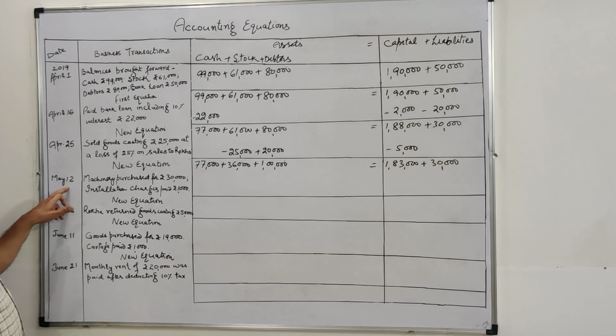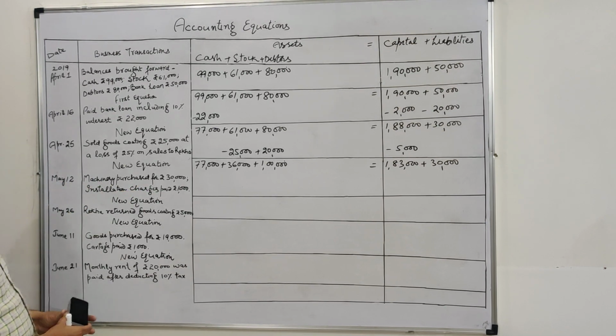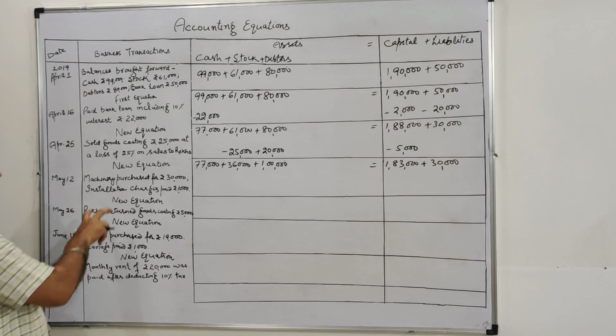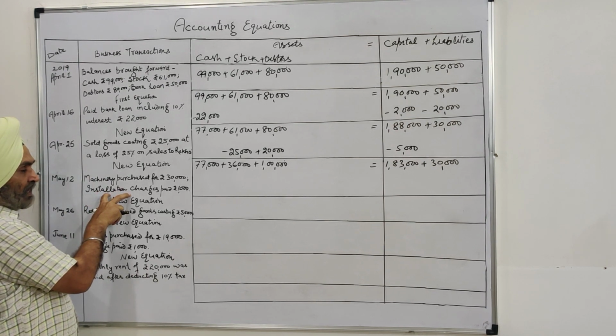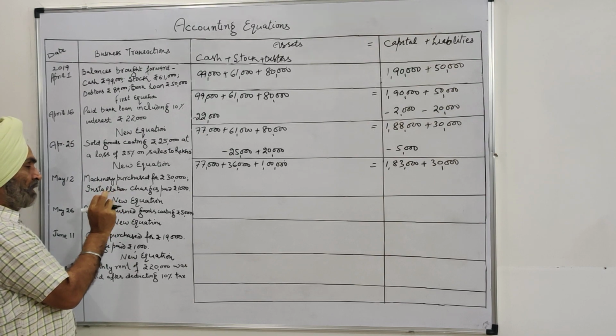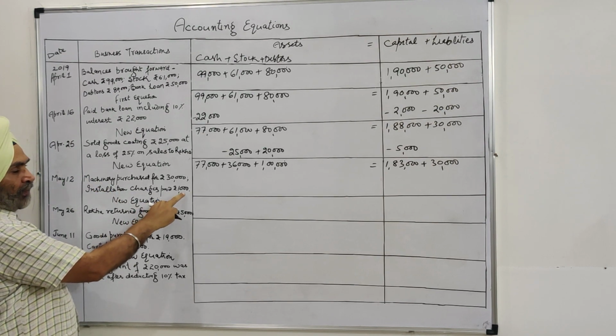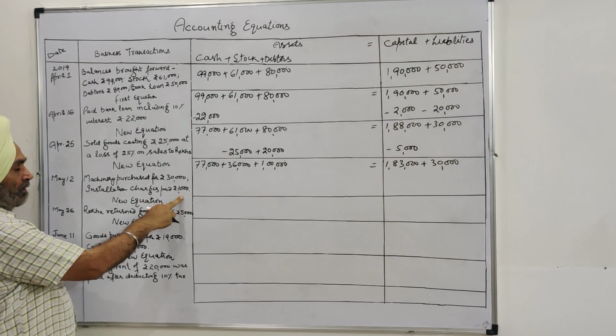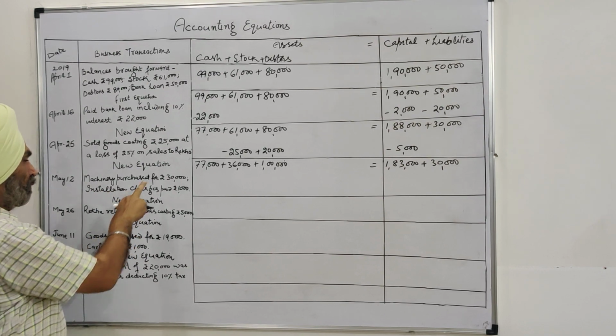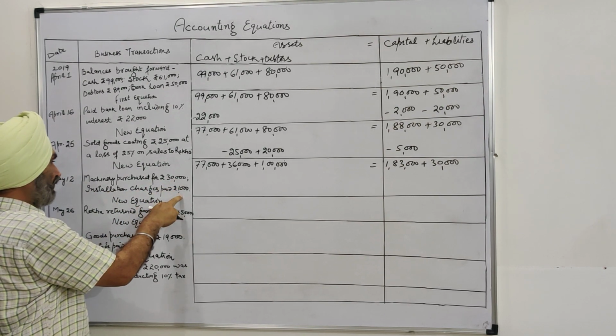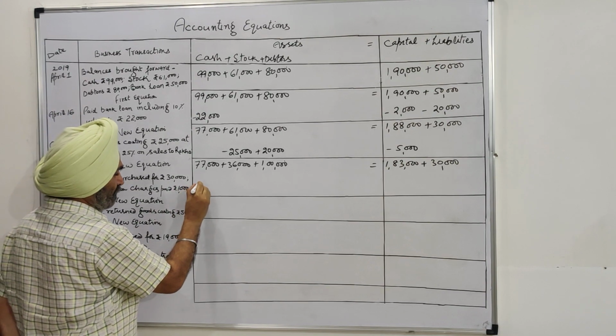Next item, May 12th, machinery purchased for rupees 30,000. Installation charges, fixing charges: in order to fix the machinery, in order to install the machinery, we paid rupees 1,000 to the concerned person. The total amount paid is 31,000.